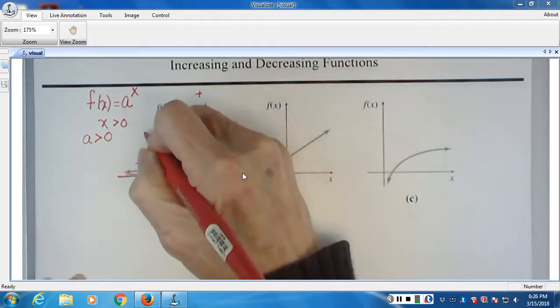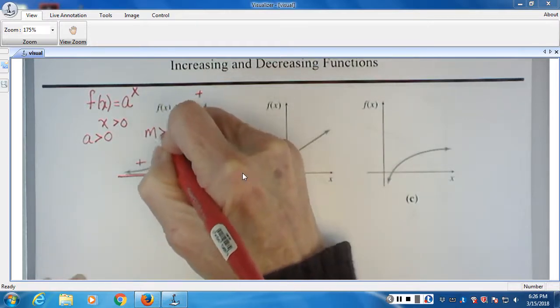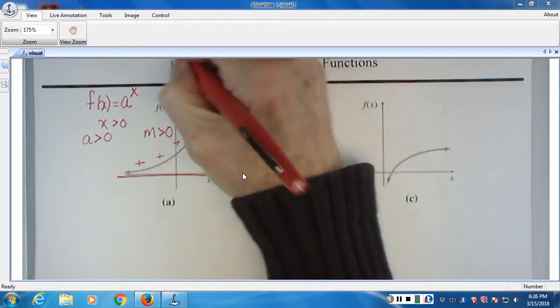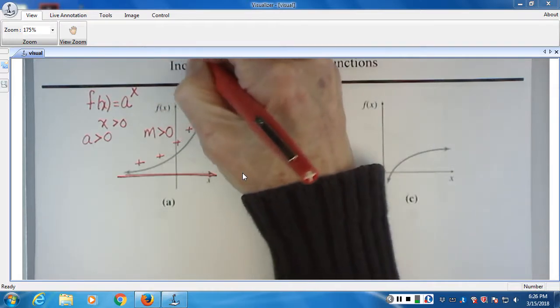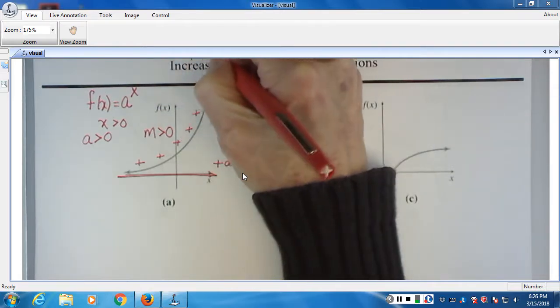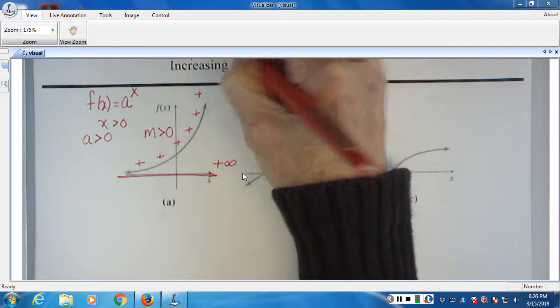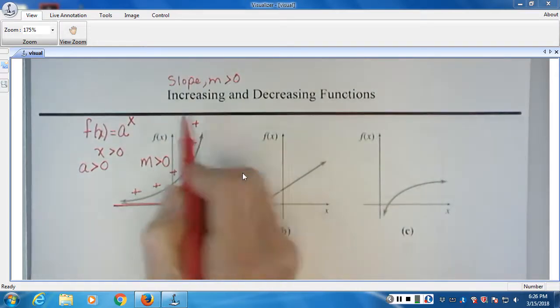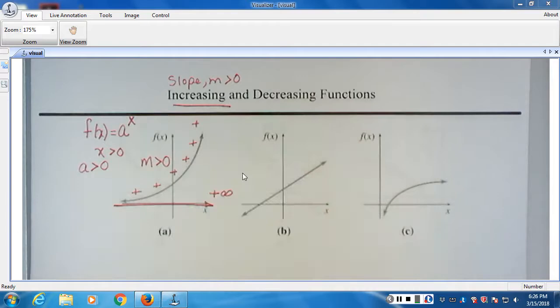But regardless of how fast it's increasing, its slope is always positive because it's going up. When things are increasing, their slope is always going to be positive.